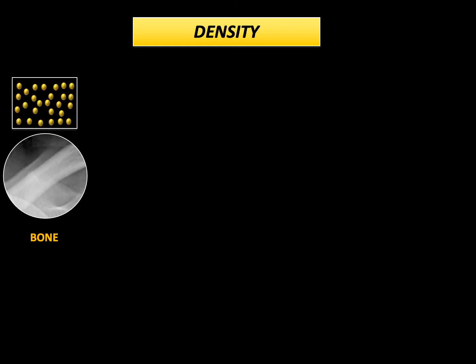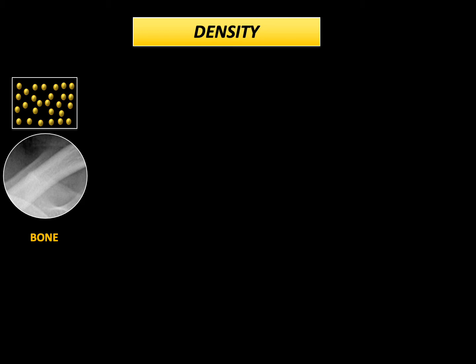Okay, so when you look at an X-ray chest, there will be a large number of shades of gray depending on the density of the anatomical structures within the chest. So if you see, the bone is going to look the brightest because of its increased density.